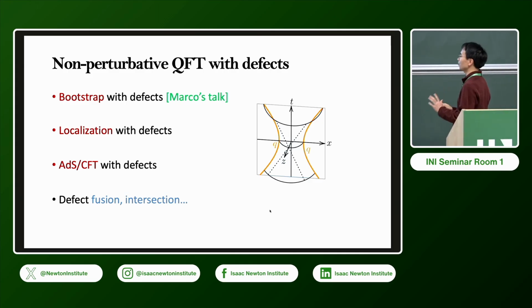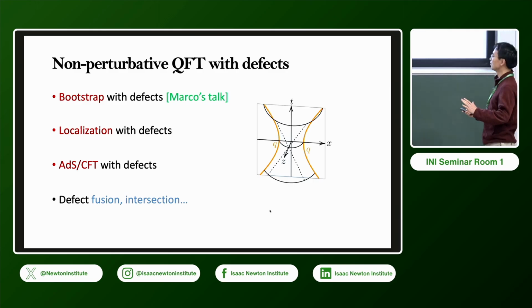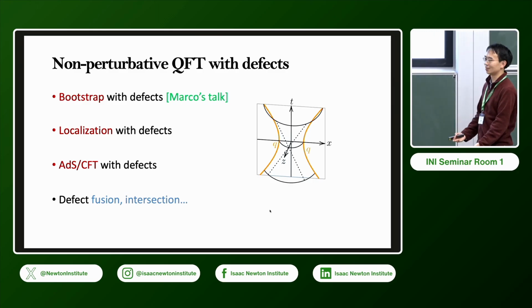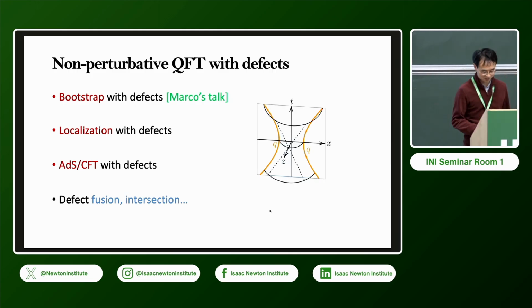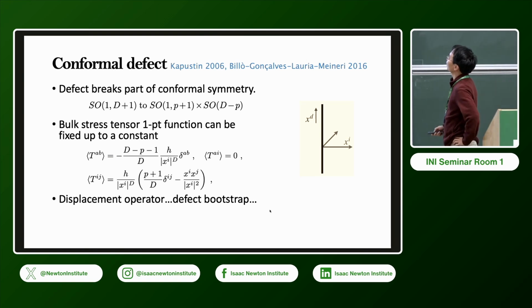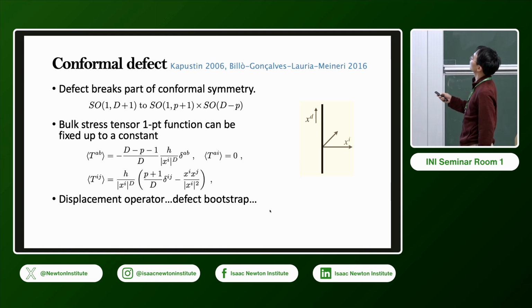If you have more than one defect, then you can talk about how defects fuse. And you can even think about when the defects intersect with each other, how to solve it. Okay? There are many interesting questions. So as mentioned, if you restrict ourselves to conformal defects, you can do much more because the symmetry breaking pattern is quite clear.